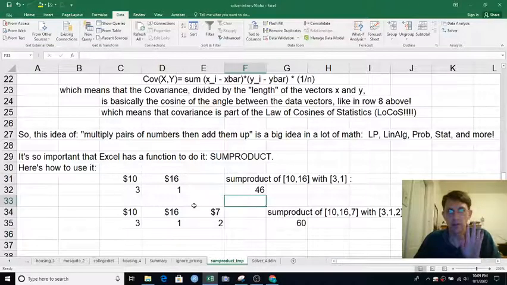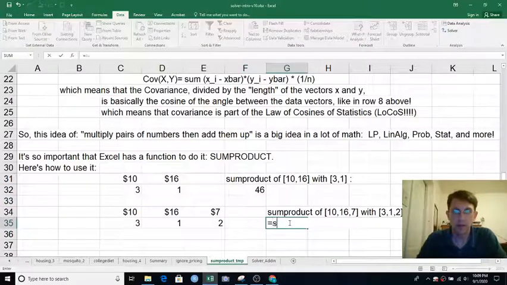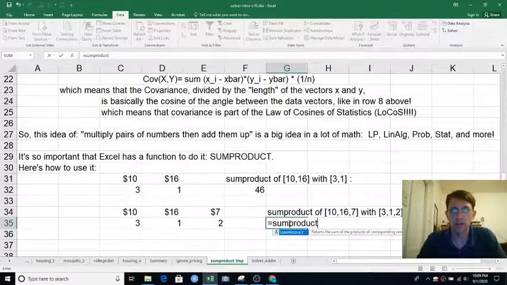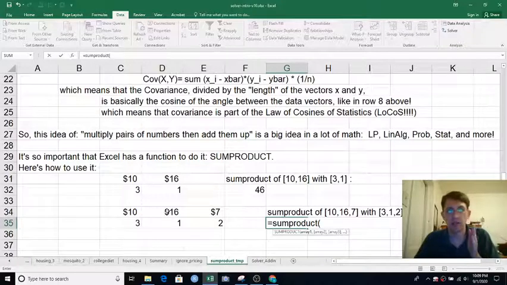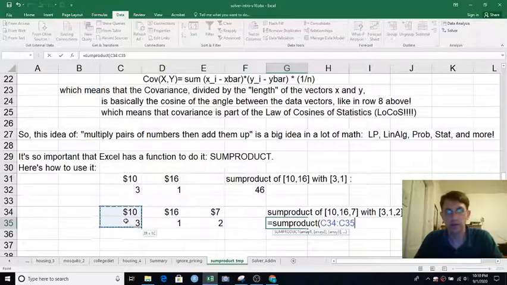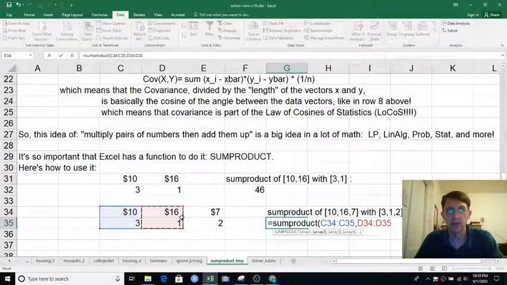Let me show that with vectors of length 3. So the big question here, I'm going to say SUMPRODUCT. Maybe I have tables, chairs, and footstools or something. Should I highlight the first things I want to multiply and the second things I want to multiply and the third things I want to multiply, like this? So those, comma those, comma those.